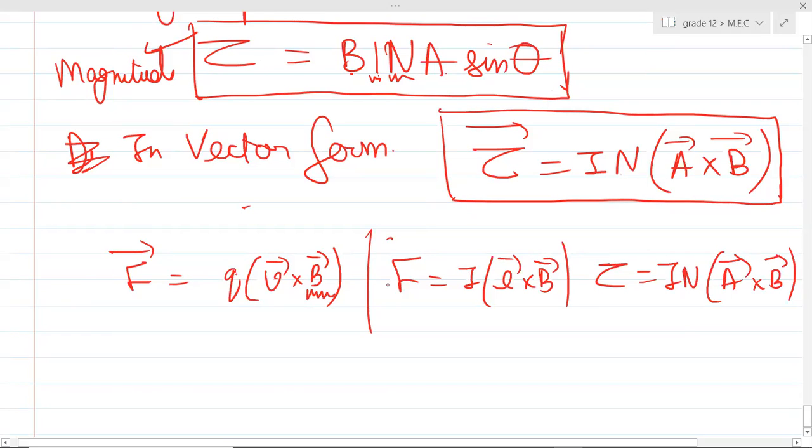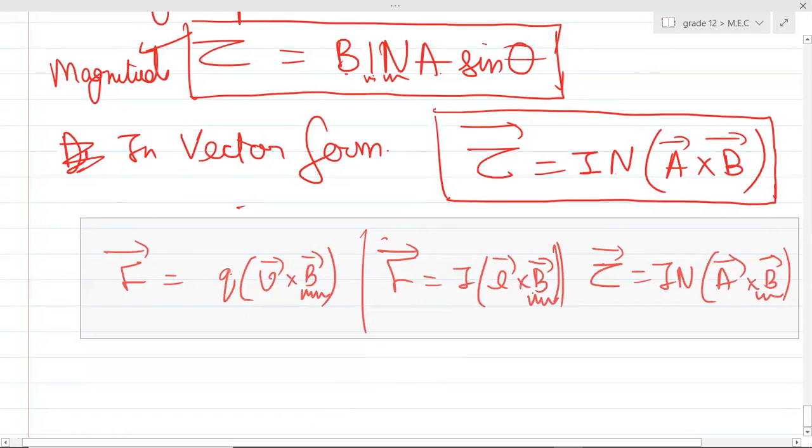Cross product is there, but B is coming at the end. So if you ever get confused in this, always remember B will be coming at the end. The force component always comes at the end, because in torque in rotation also it was like R cross F.